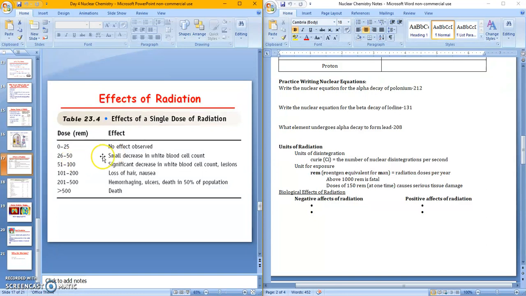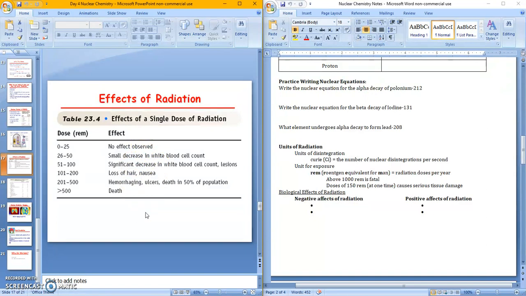If you get slightly more, you can get a decrease in white blood cells, which leads into a poor immune system, which leads to loss of hair, nausea, and then hemorrhaging or bleeding internally. This may seem familiar.